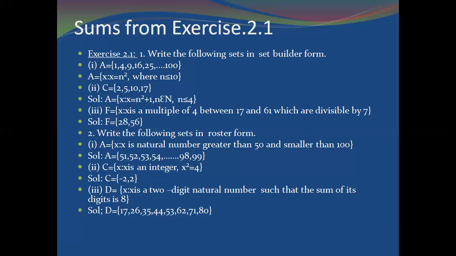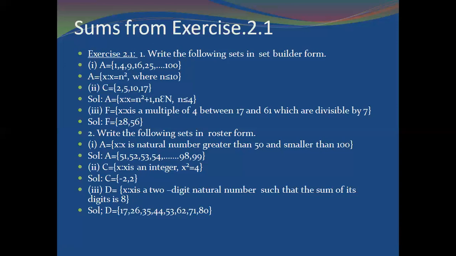Let us start with 1, so 17, then with 2, 26, with 3, 35, 44, 53, 62, 71, and 80. You check that the sum of the digits in each two-digit number in the set is equal to 8.